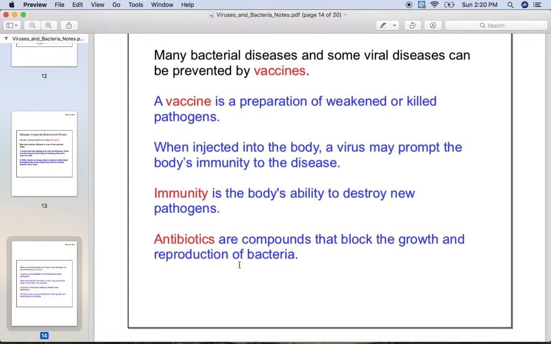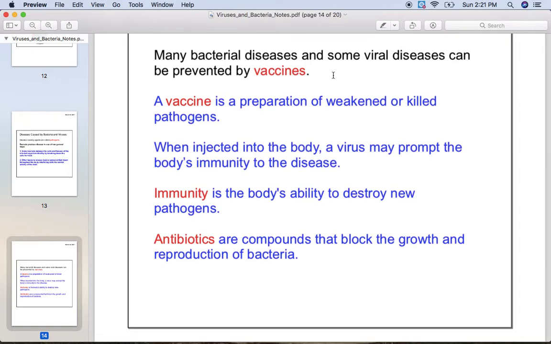Most bacterial diseases and some viral diseases can be prevented by vaccines. You guys have all had, or probably most of you, have had lots of vaccinations in your time. If you think about it, you've had MMR, measles, mumps, and rubella. Your generation is the lucky one that got the vaccine for chickenpox, so you didn't actually have to experience chickenpox like my kids did.